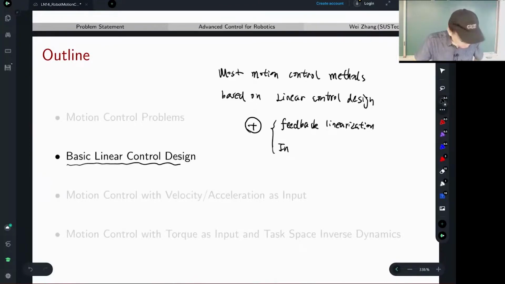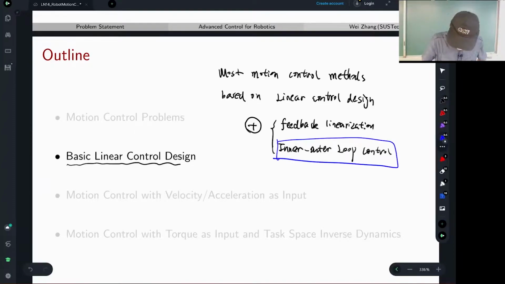In other words, I will try to have a very simple way to approach it with inner and outer loop control. So that's the structure.